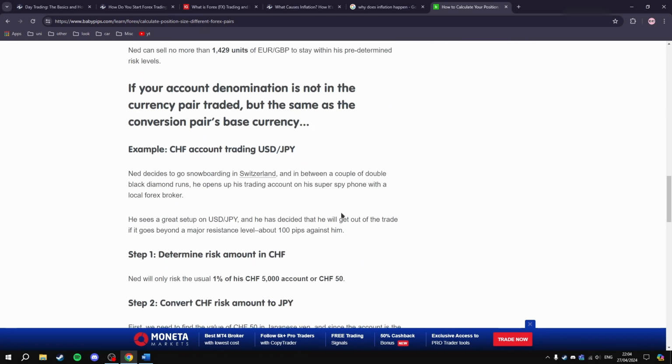But for this one, if your account denomination is not in the currency pair, but the same as the conversion pair's base currency, so a CHF account trading USD JPY, then you have to convert your CHF to, I'm assuming, JPY. Because you're trying to sell CHF to get JPY, and then you would sell that JPY to get USD. So you would need a JPY CHF.